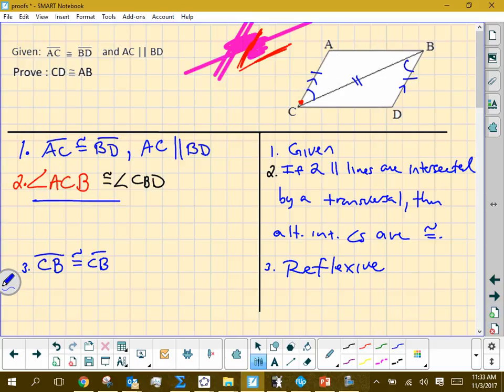Okay. Or you say steps 2 and 3? Yeah, that's fine as well. Okay. Step 2 and step 3 could be flip-flopped. Because step 3 does not depend on statement 1 or statement 2. And statement 2 only depends on the part of the given that says parallel lines. So as long as step 2 comes after you said that AC and BD are parallel, it can come anywhere. Okay. So that's actually a really good question.